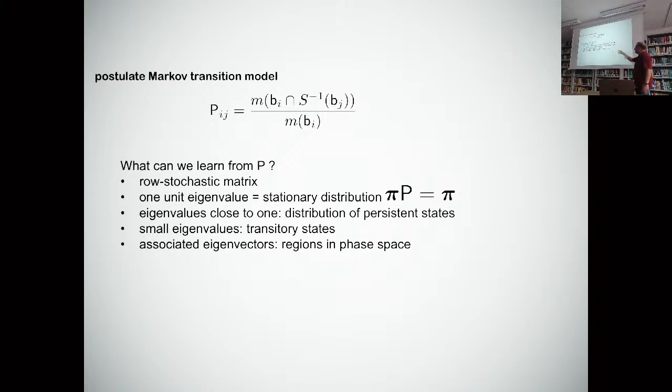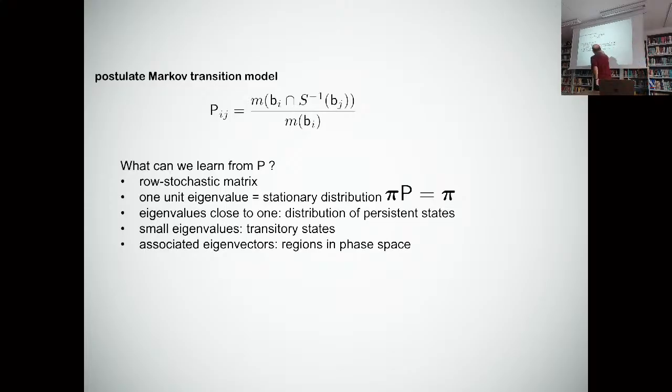And don't worry, the Markov guys always like to multiply from the right. Okay? So this is our new mean flow. This is the stationary point, which now replaces the mean flow of the Navier-Stokes equations. Now, eigenvalues close to 1, that's the next ones down from the stationary distribution, are the ones that don't move very much because each Markov transition is powering out the matrix P. And if you have an eigenvalue close to 1, 0.99, if you power that one out, it's not much movement.